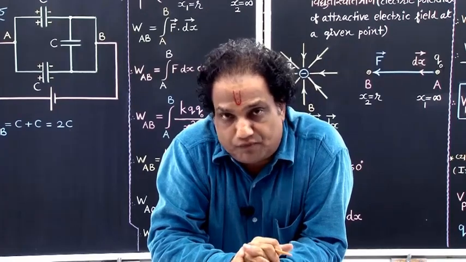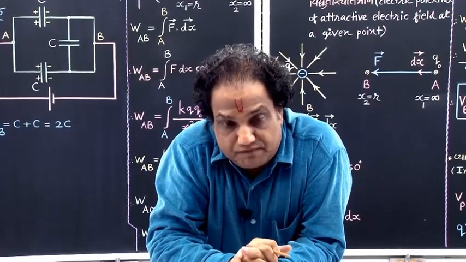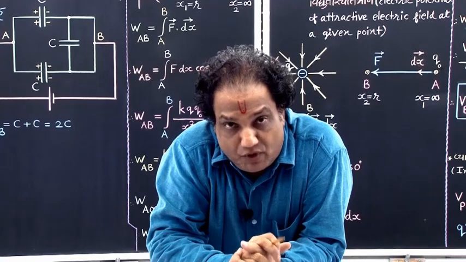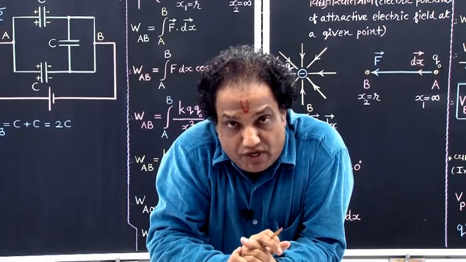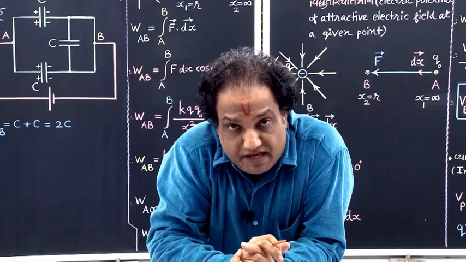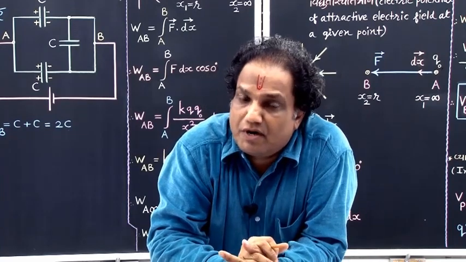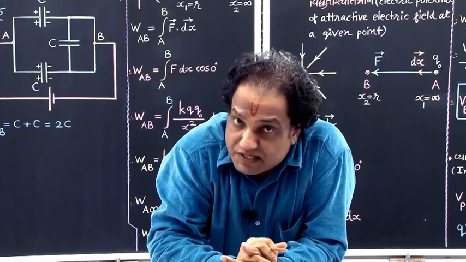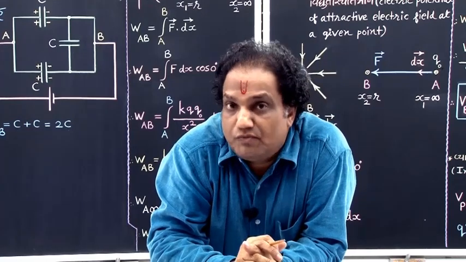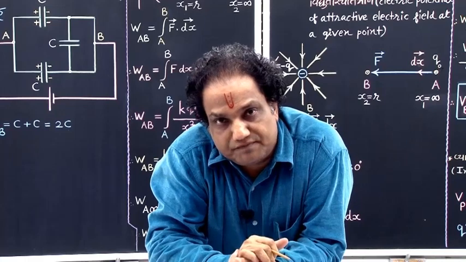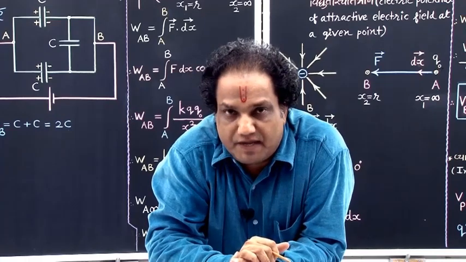So, what we should do? We should find out the electrostatic potential energy stored in a given electric field at a given point, and that energy if we find per unit positive charge, then it will give you electric potential, correct? Fine.